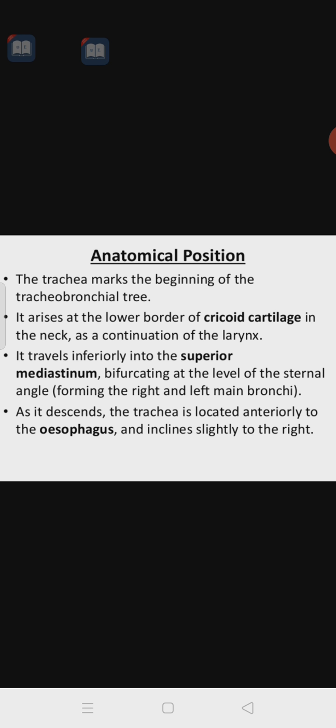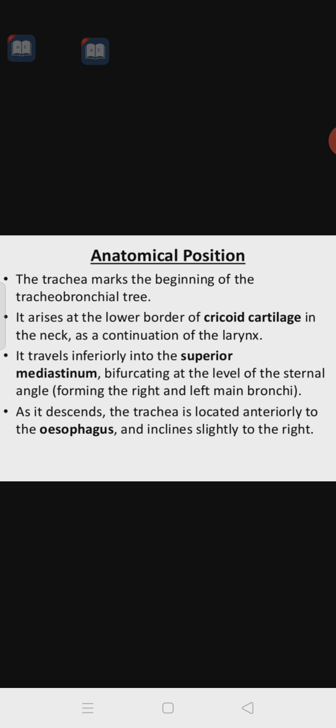It travels inferiorly into the superior mediastinum. Mediastinum is present in the thorax region. It travels inferiorly, not superiorly, into the mediastinum, bifurcating at the level of the sternal angle. Sternum and mediastinum are present in the thorax region.